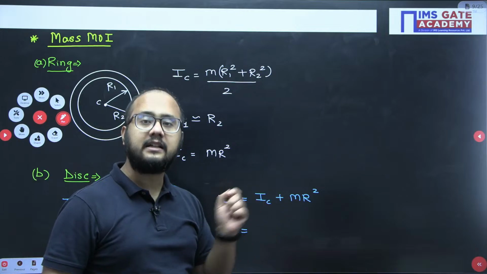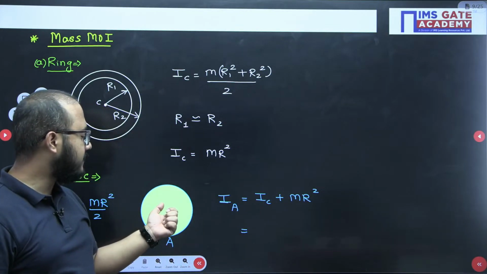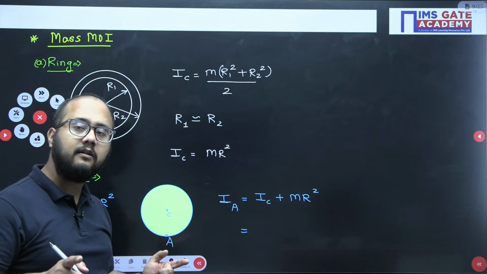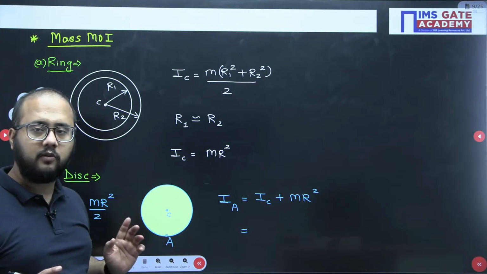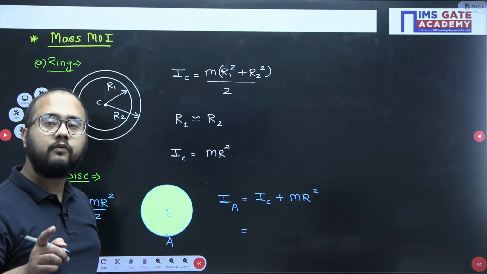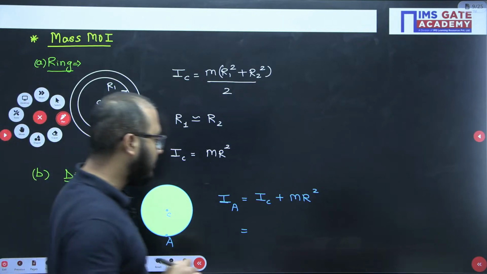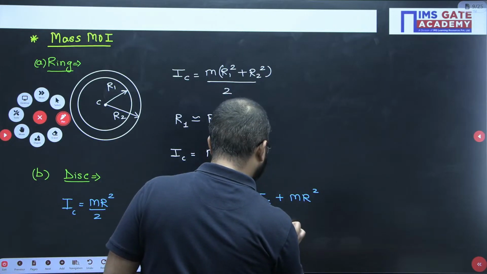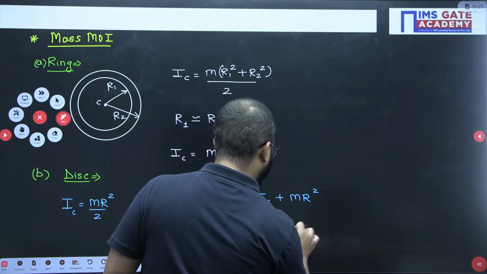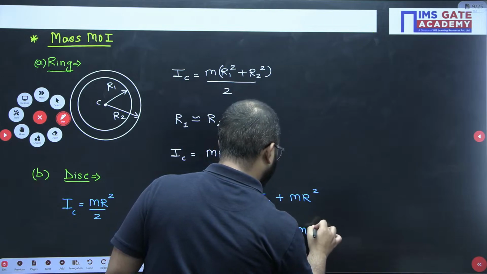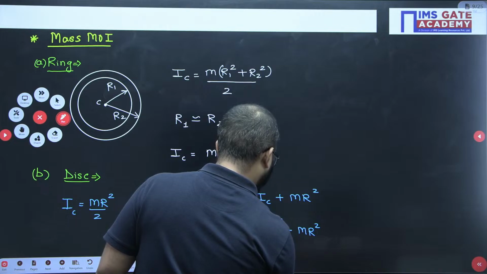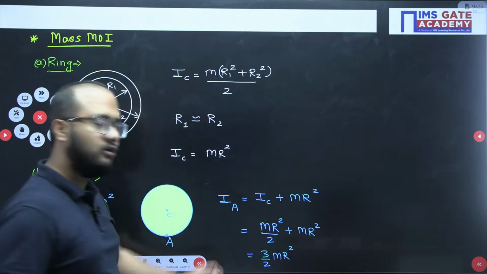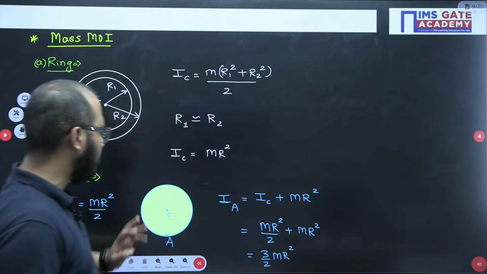So r is the distance from the center to the point where I want to calculate the mass moment of inertia. Point A is the point about which I want to calculate the value. So at the center it is mr square by 2, plus here it is mr square. Finally we will be getting 3 by 2 mr square. So using the parallel axis theorem you get that value about point A also.